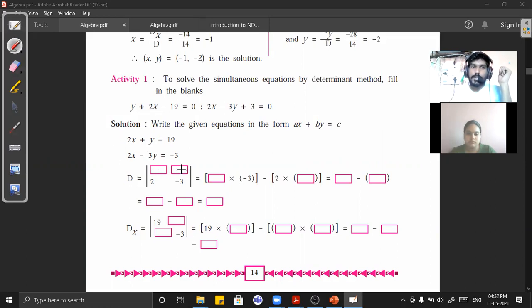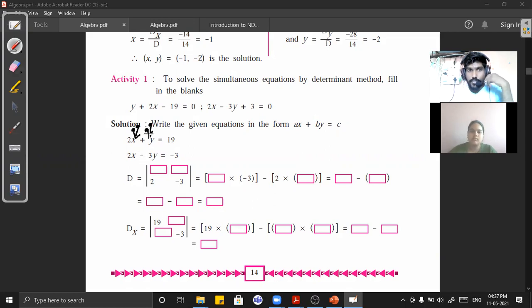Can you tell me what will come in the first two blocks? What is the coefficient of x? 2. And the coefficient of y? There is nothing, which means there is no coefficient written.